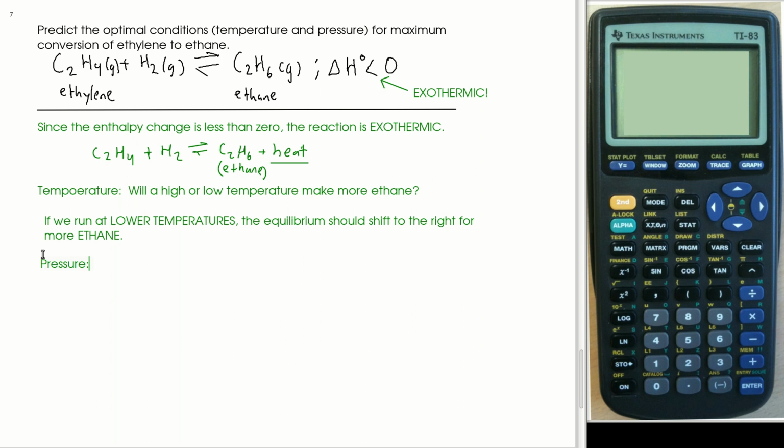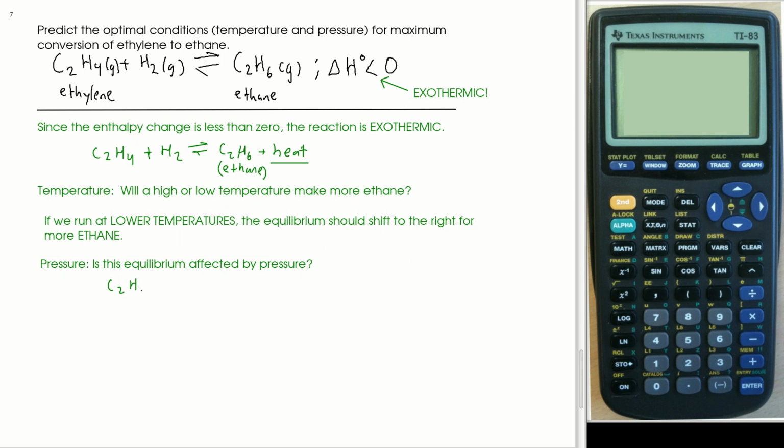How about pressure? Is this equilibrium affected by pressure? Probably a good question to answer at first. For an equilibrium to be affected by pressure, you have to have a different number of moles of gas on each side of the equilibrium.